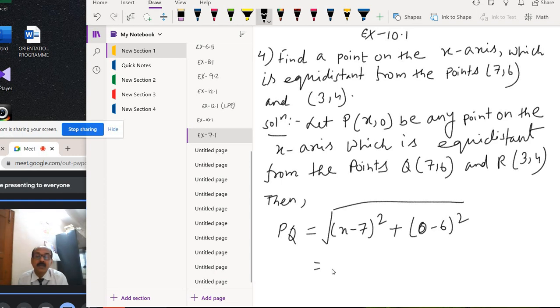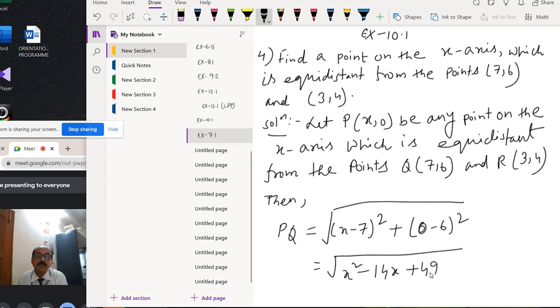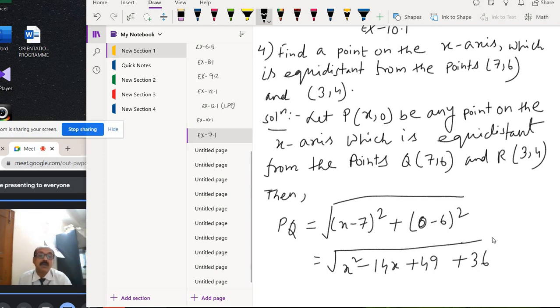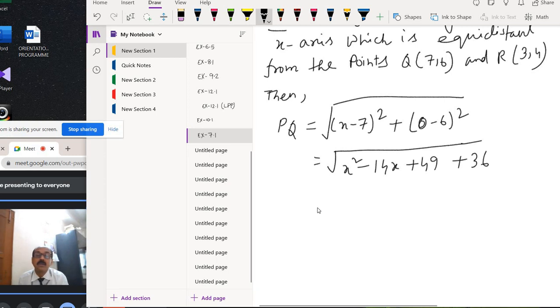Using the (a minus b) whole square formula, x square minus 14x plus 49, plus 36, which is 0 minus 6 whole square. This is equal to the square root of x square minus 14x plus 85.